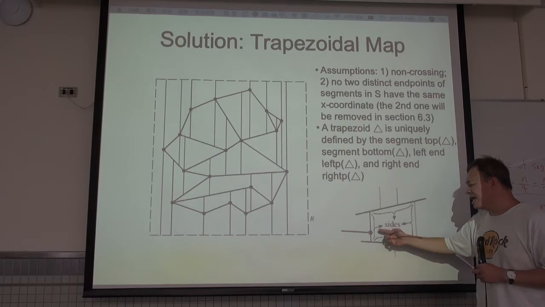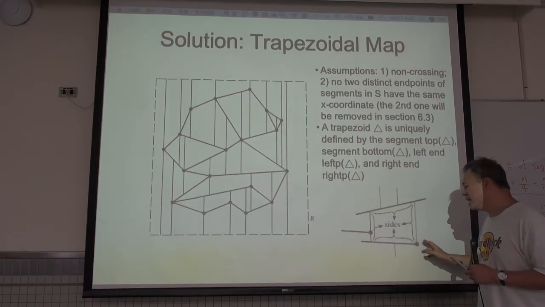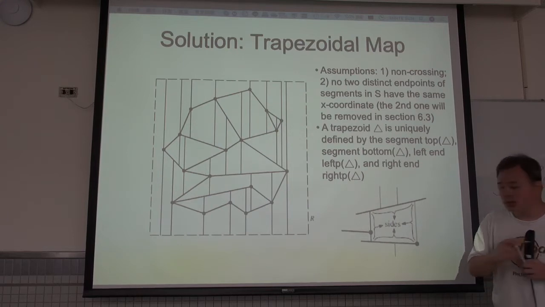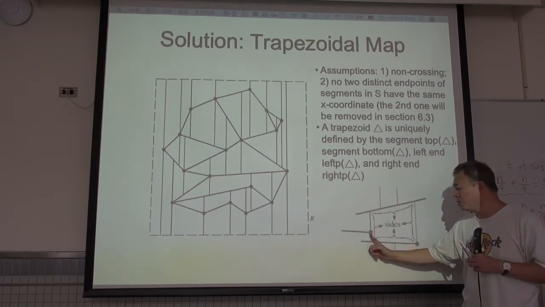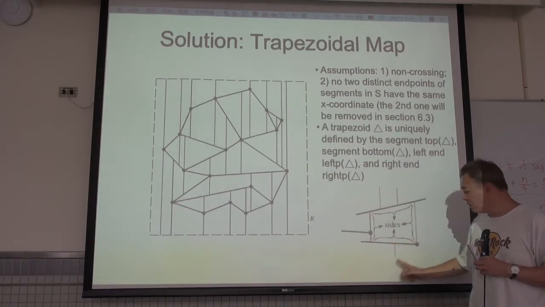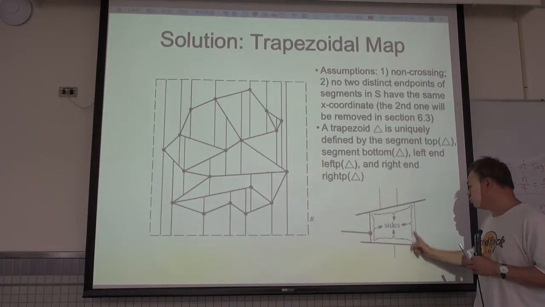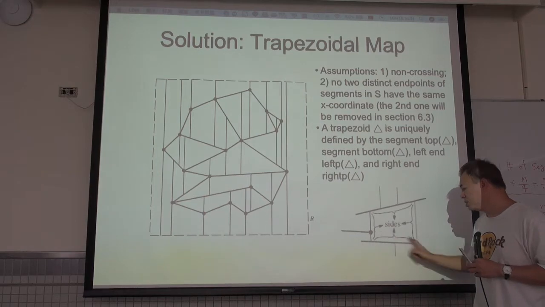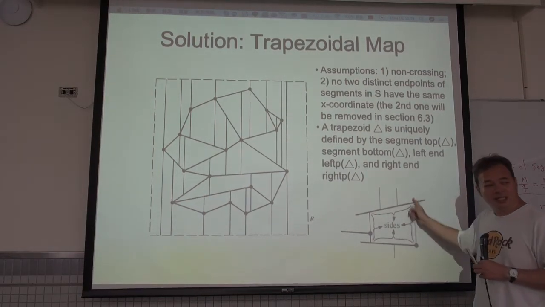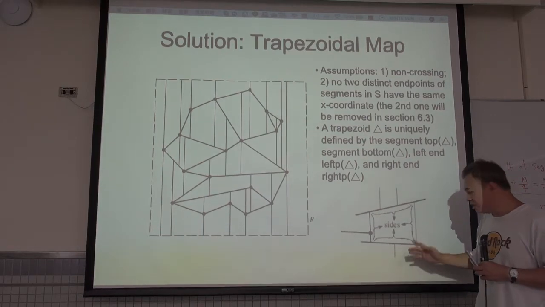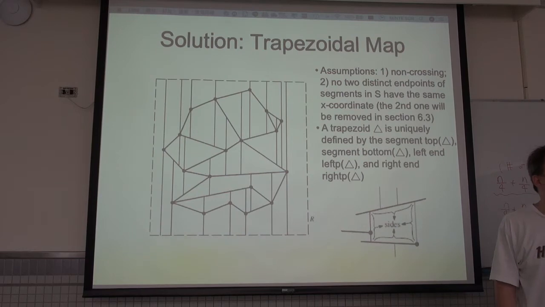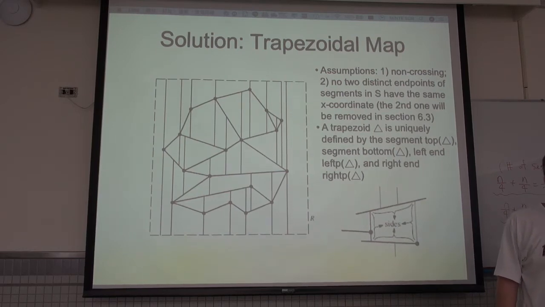The left side and the right side are contributed by one point each: from this point you draw a vertical line, and from this point you draw a vertical line. So these two points, one contributes the left side, one contributes the right side. The left side and right side of a trapezoid here are always contributed by a point.